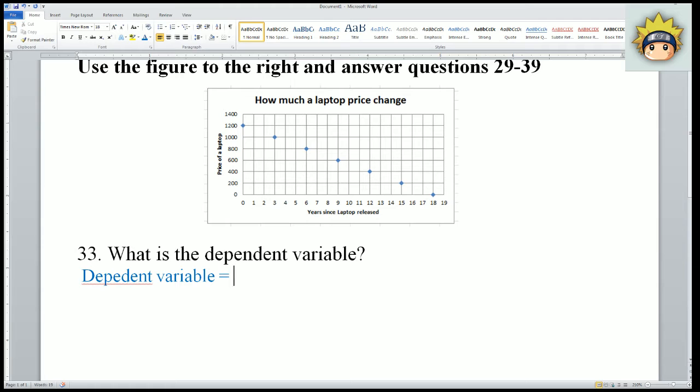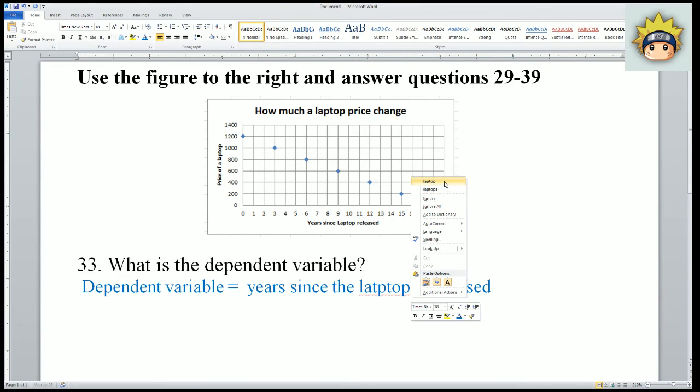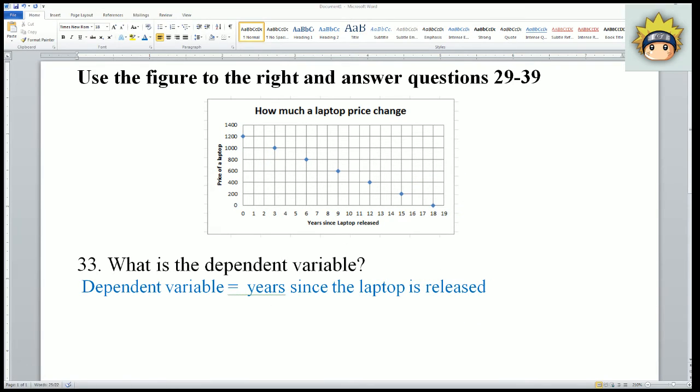All right, so the dependent variable is the x value. It's always the x value. It's the x values that you could plug in. So what are the x values here? The dependent variable is the years since the laptop is released.